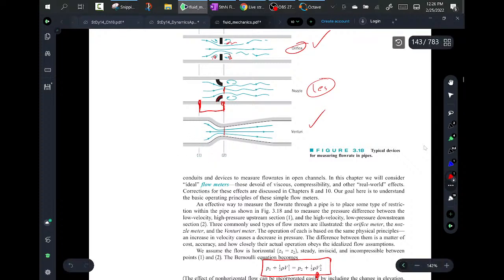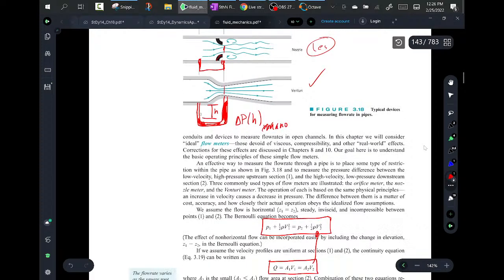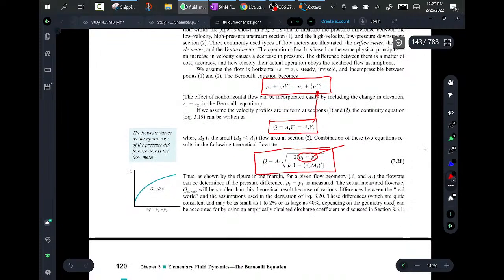They drilled a hole in the side of the pipe, put a tube, and filled it up with some sort of fluid, and since it's creating a vacuum here, this heavy red fluid basically has a height difference here, and from that height difference you can find delta P through the manometer equation, and that's what we did before.